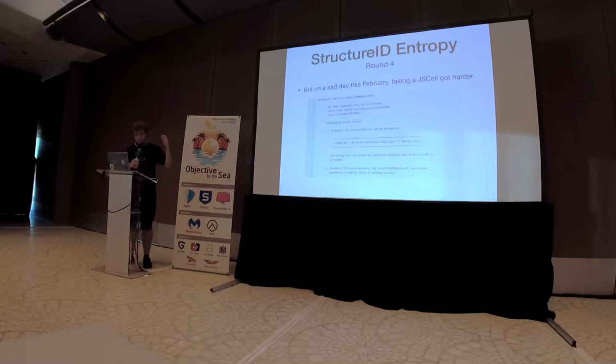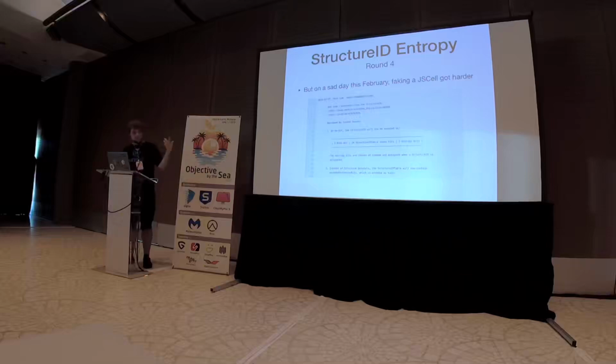What they did was add some entropy bits to each structure ID. And if the entropy bits are guessed incorrectly, then the JavaScript engine is going to crash. And so you can't just spray and pray anymore, because those 7 entropy bits have to be guessed correctly. And each set of entropy bits is actually specific to each structure ID itself.